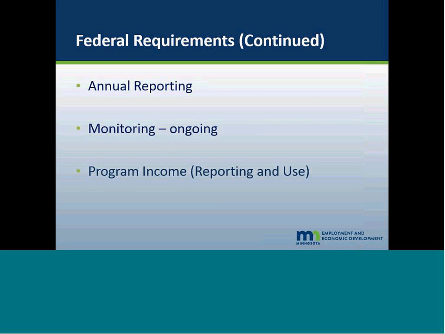Annual report, monitoring, that's at least once per grant, as well as desk monitoring and questions that we have as the project is being implemented.